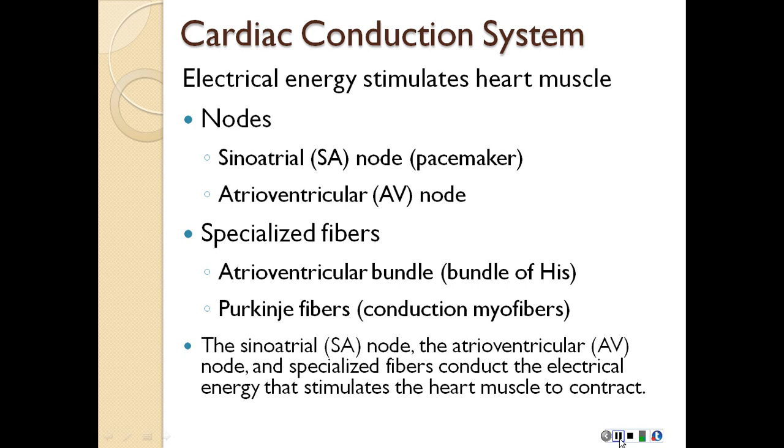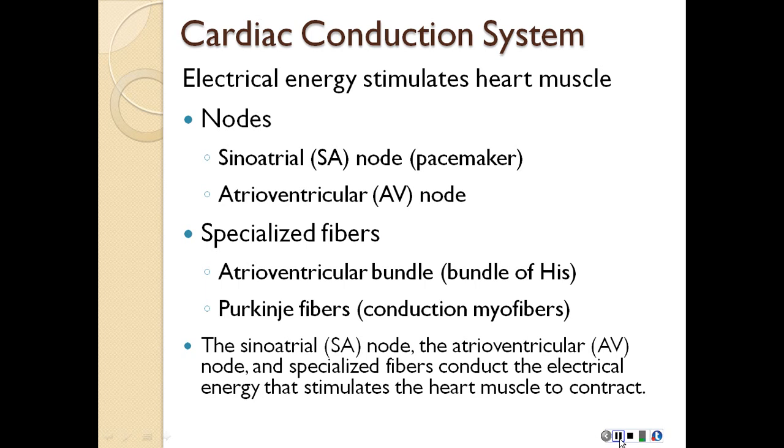So electrical energy stimulates the heart muscle. There are two nodes that you should be familiar with: the SA node, or sinoatrial node, which is on the atria, and the atrioventricular node, the AV node, which is found between the atrium and ventricle, as the name tells you.